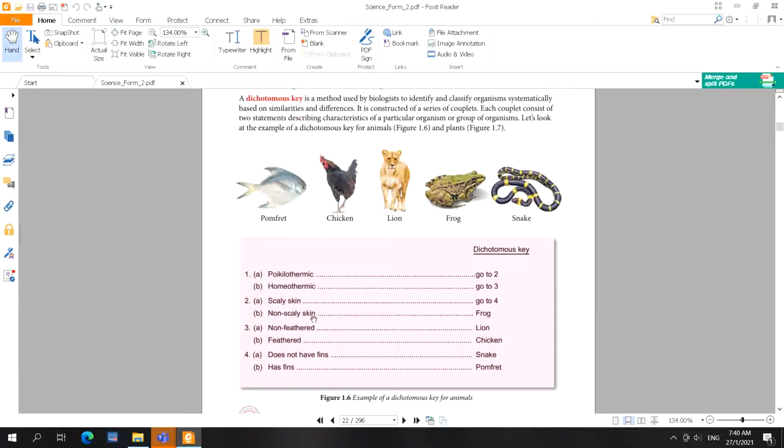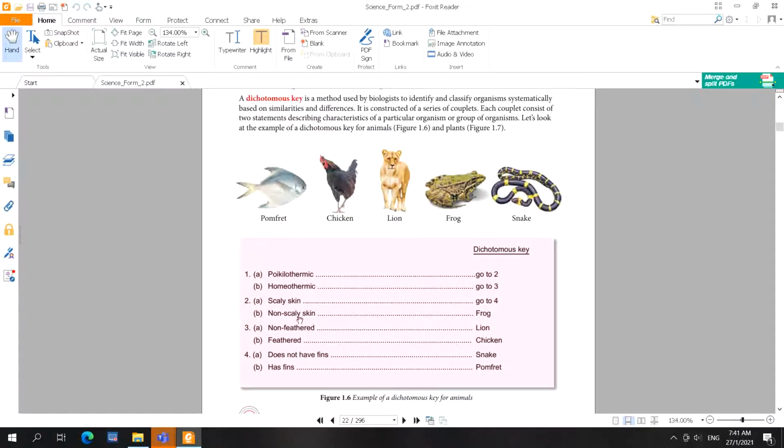This is an example of classification of animals. We start from the big characteristic: poikilothermic and homothermic, 2 statements. Then another couplet: scaly skin, non-scaly skin. So poikilothermic, go to number 2.